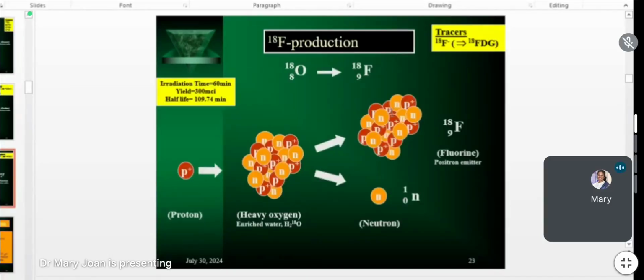Here the irradiation time is about 60 minutes, and the yield of F18 production is low even after a long irradiation time, and the half-life is 109 minutes, 109.74 minutes. This is the most commonly used positron emission radiotracer in routine clinical practice.